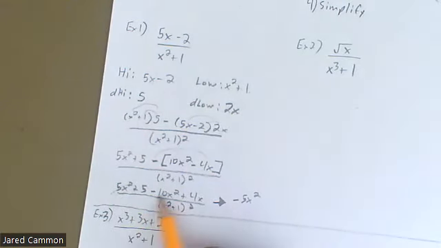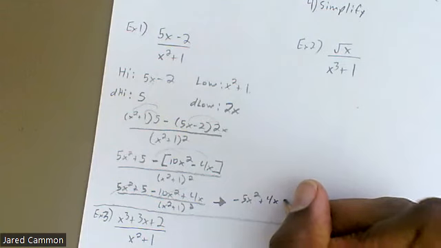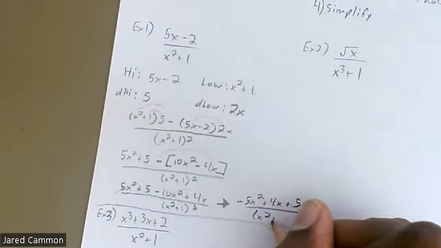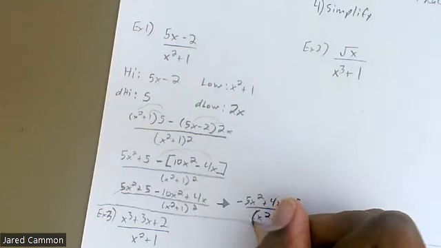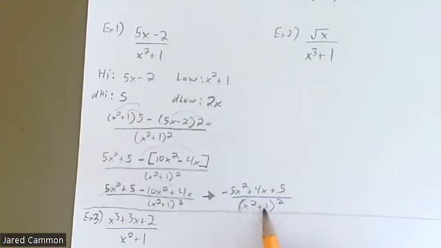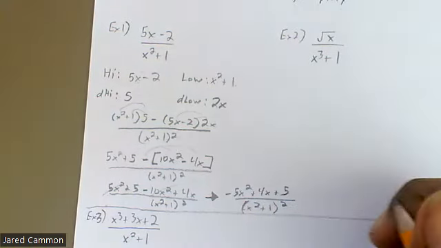Then we have 5 and 4x, so plus 4x plus 5 all over x squared plus 1 squared. Now, if you want to, I could expand this out by foiling x squared plus 1 times x squared plus 1, but I don't think it would really help us to be able to simplify anything.